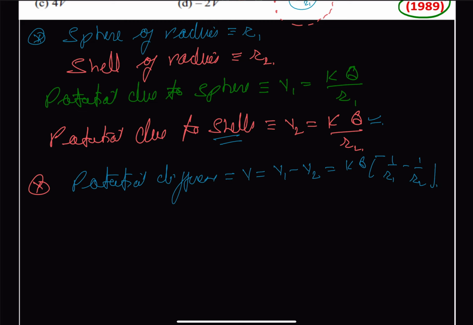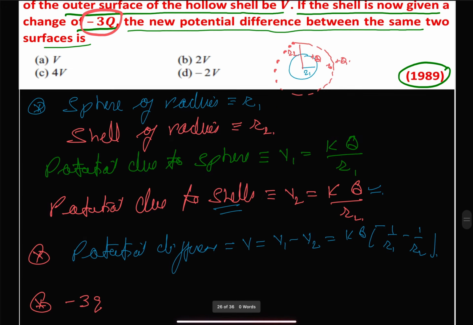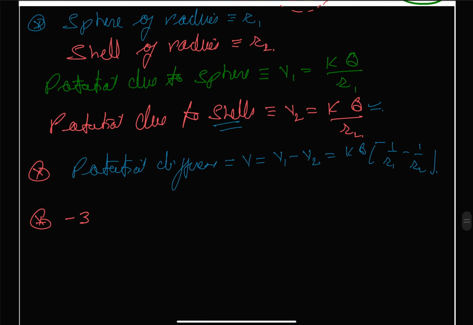And when charge minus 3Q is given to the shell, minus 3 capital Q is added to the shell.